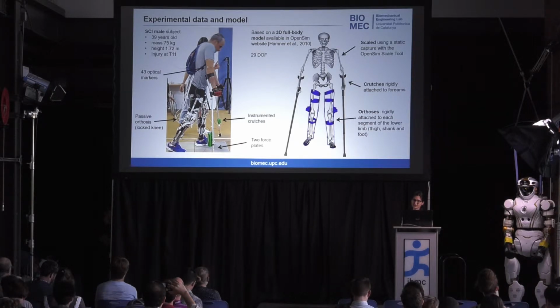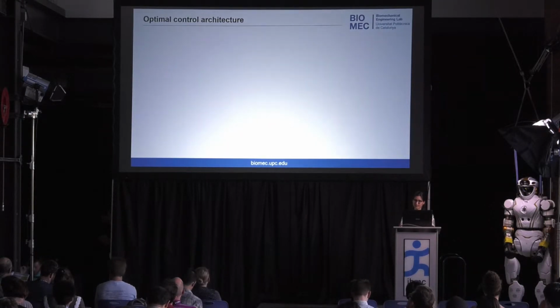We have scaled it to the subject, added the orthosis and the crutches rigidly attached to the corresponding segments, and the model has 29 degrees of freedom that correspond to the absolute position and orientation of the pelvis and all the other relative joint angles.